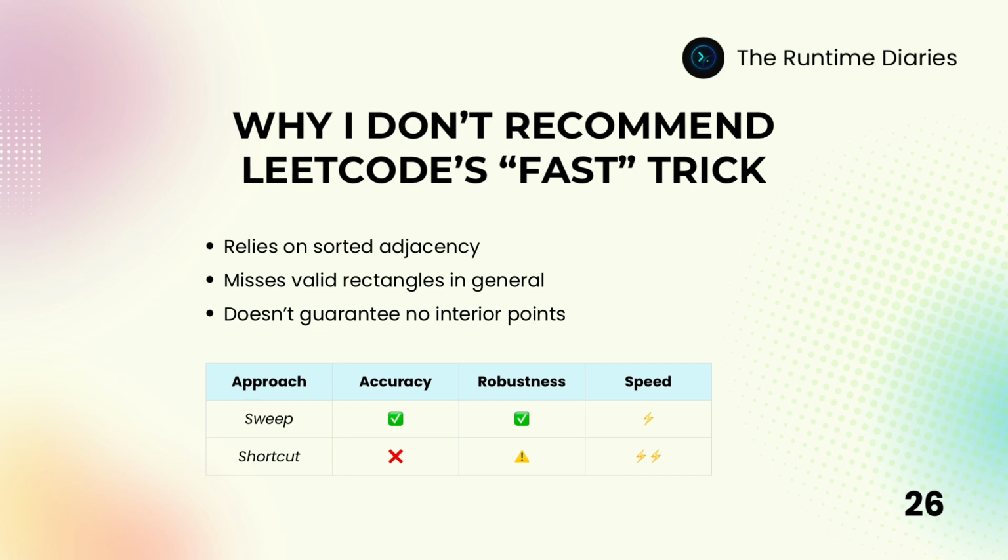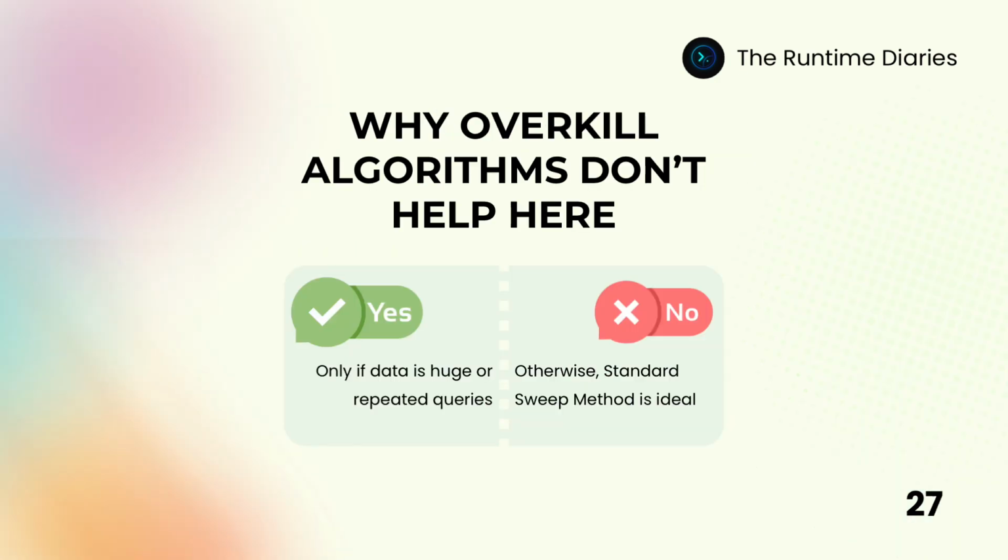Our approach trades a few lines of extra code for guaranteed correctness. If you're working with thousands or millions of points and you need to repeat this operation many times, then sure, use sweep line algorithms, 2D prefix sums, or segment trees. But for single queries or small inputs, this structured sweep is perfectly optimal.